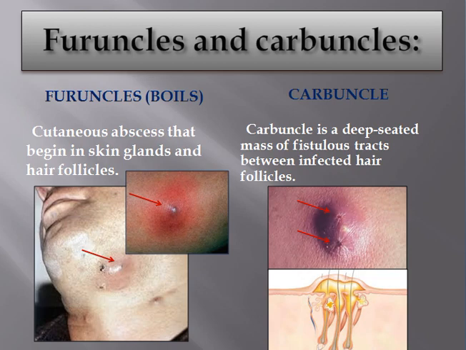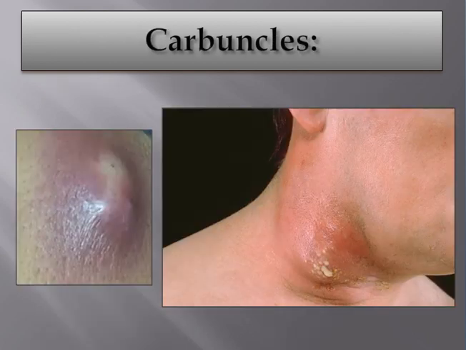A carbuncle is a deep-seated mass with fistulous tracts between infected hair follicles. As you can see, a carbuncle is several furuncles lined together, and we can see them as an inflamed area bigger than a single furuncle. Let's see what they are.